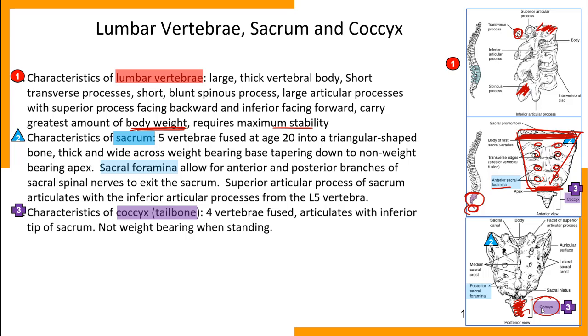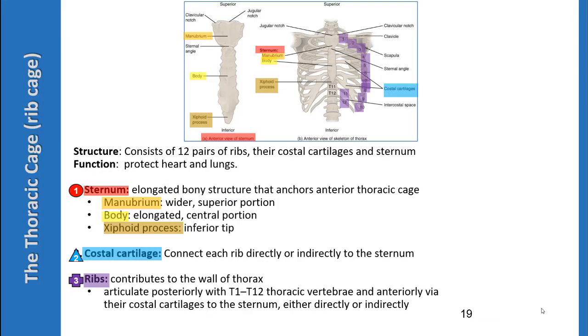The next part of the axial skeleton is the thoracic cage or the rib cage. What you have over here is that it consists of the 12 pairs of ribs, their costal cartilage that help to connect them to the sternum, as well as the sternum. So you can see here, this is the sternum right here. It's your breastbone. And you can see here that the sternum can be divided into 3 main areas.